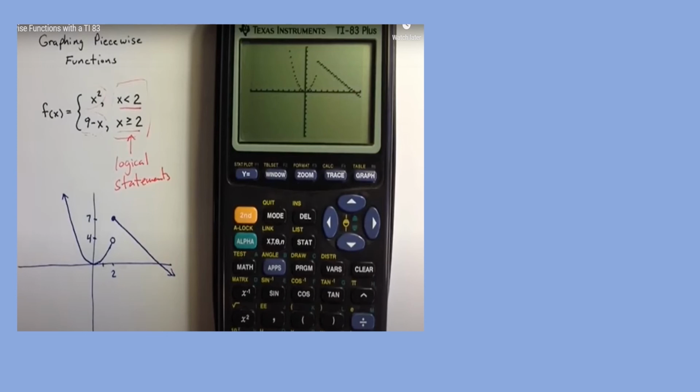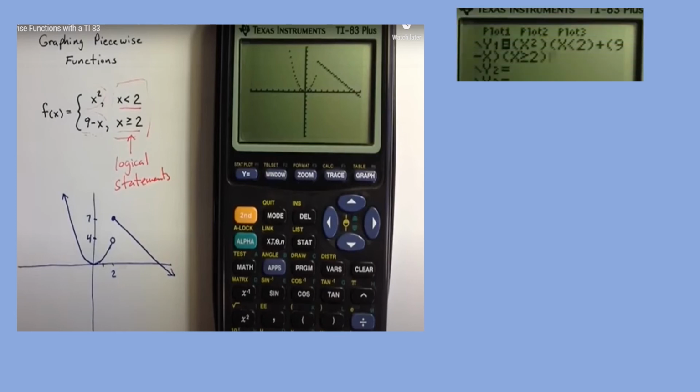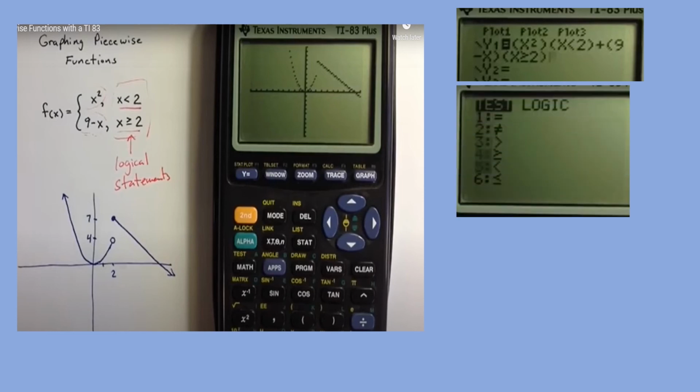If we want to draw that in a graphing calculator, then let us enter this in our y1. We can enter both together with these parentheses: x squared when x is less than 2 and 9 minus x when x is greater than or equal to 2. We have these logical statements, less than 2 and greater than or equal to 2. So we can find those symbols in your calculator when you select Test, that is, second Math is your Test.